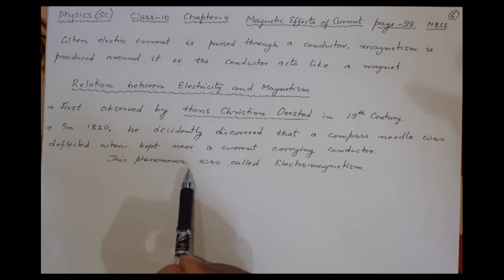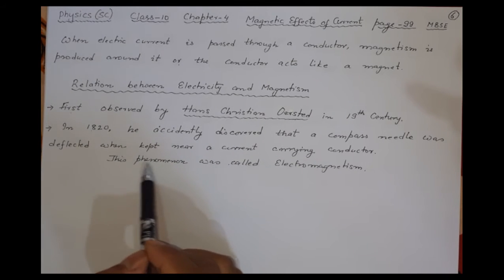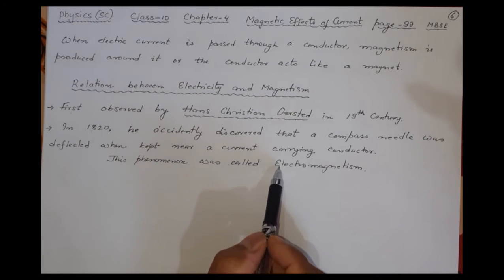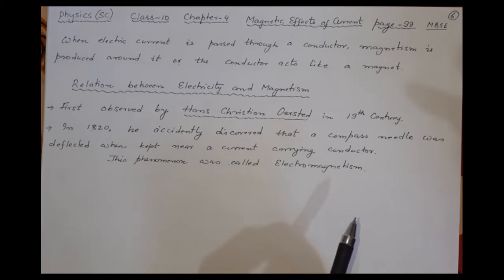He called the whole phenomenon electromagnetism. Okay, this behavior is called electromagnetism. There is an entire chapter in your higher studies on how to study electricity and magnetism together. So this is how it was first discovered.